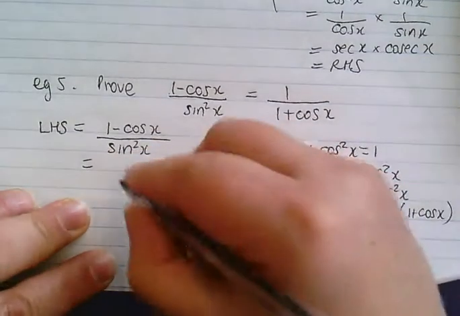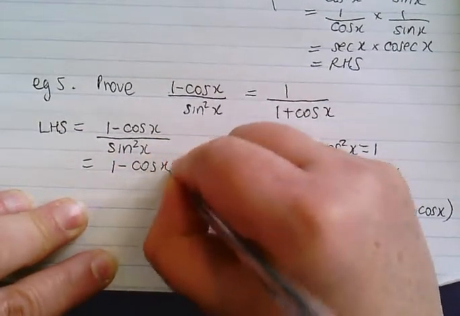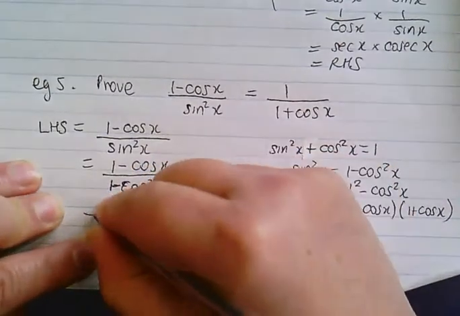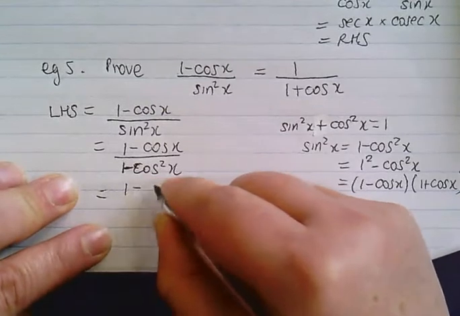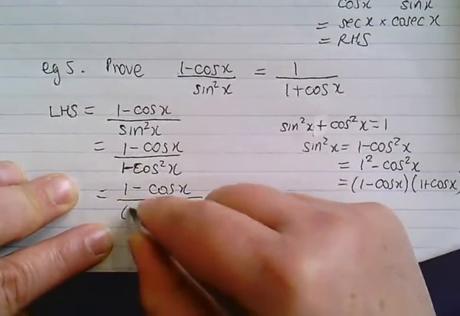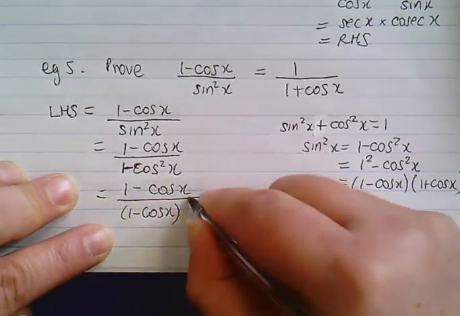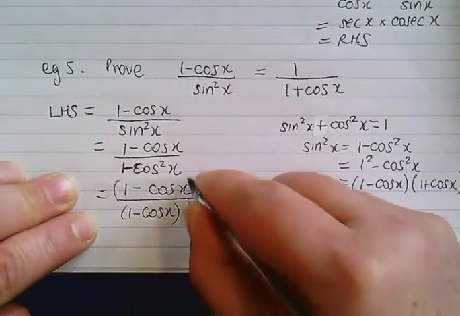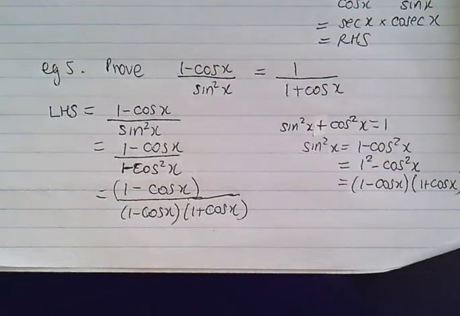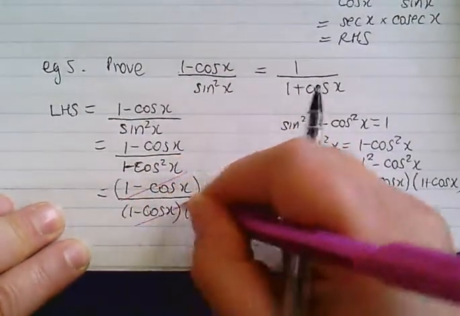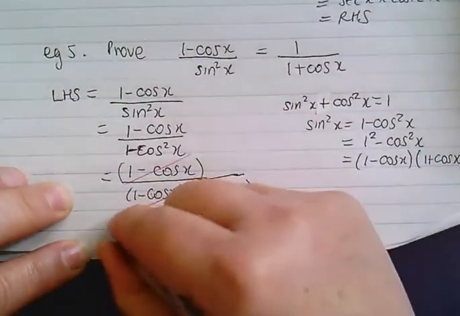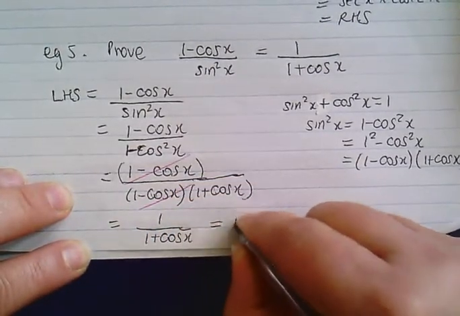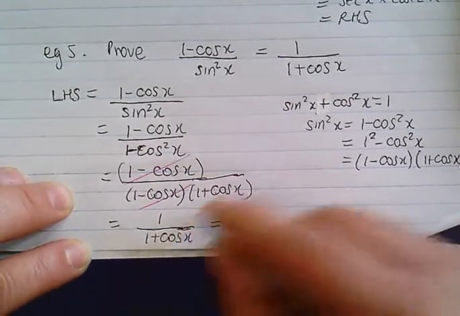So I'm just going to write it as 1 minus cos x over 1 minus cos squared x. Then here, that's 1 minus cos x over 1 minus cos x times 1 plus cos x. And I can put that in brackets now, and we can cancel. And we get that it's 1 over 1 plus cos x, which equals the right-hand side.